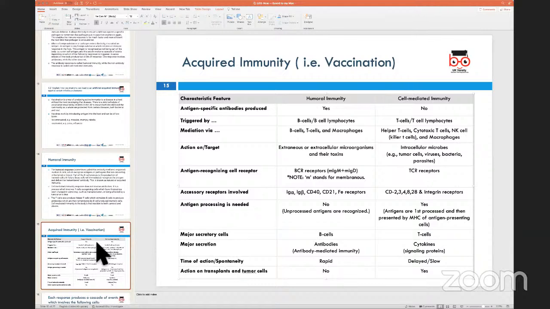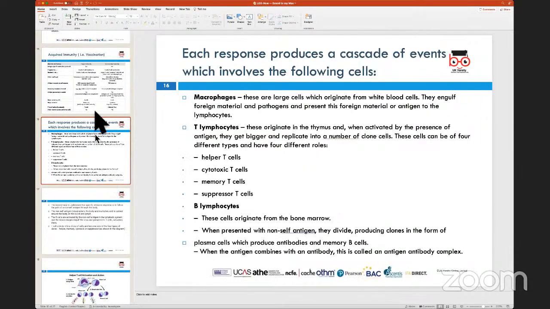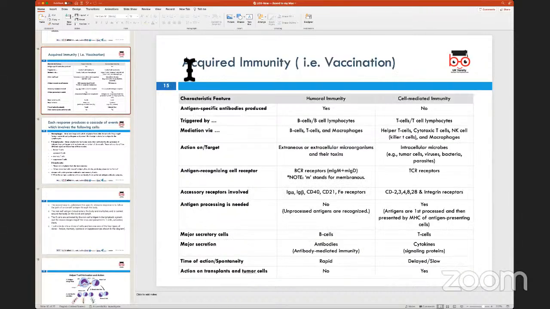And when we look at that particular route, it is further divided into humoral and cell-mediated immunity. Now, the main part that we want to look at is to understand how the vaccination can help us acquire what is called artificial acquired immunity and then help the body to fight certain infections or infectious diseases.